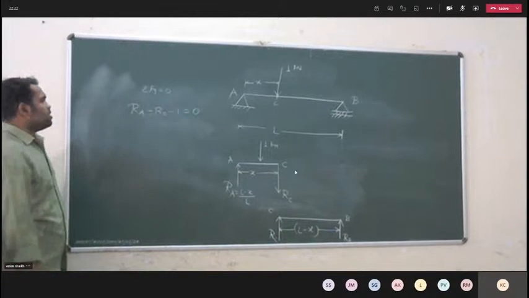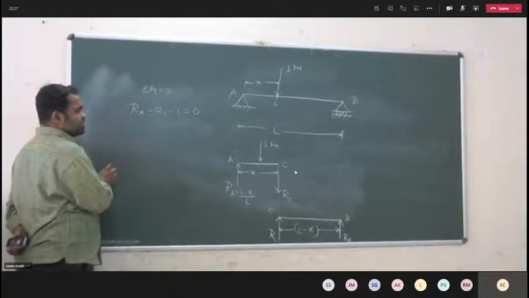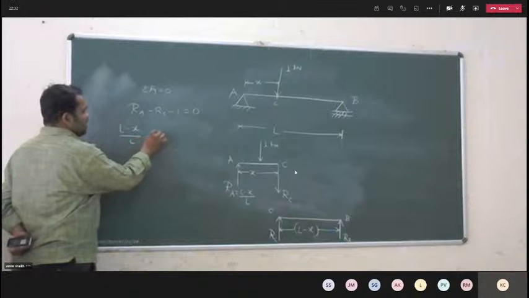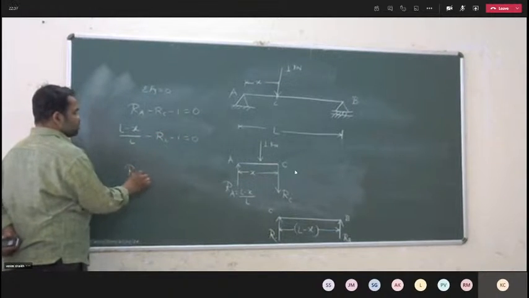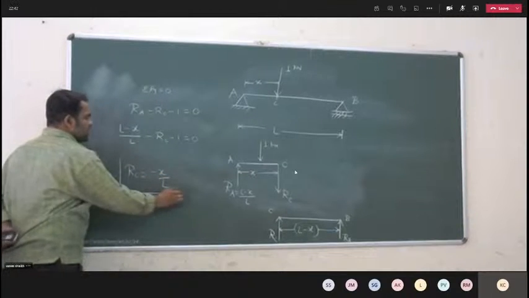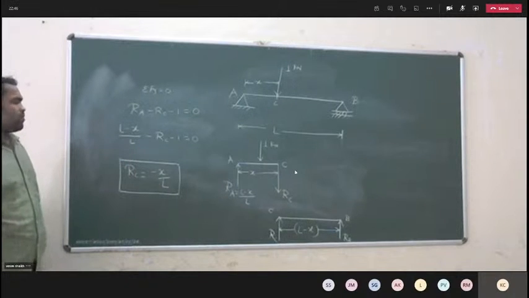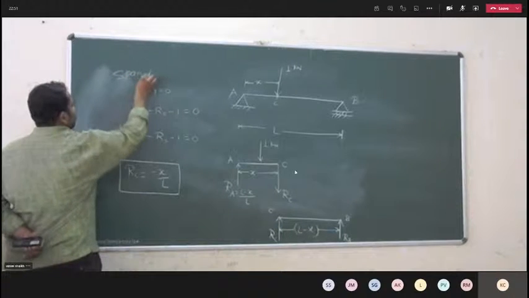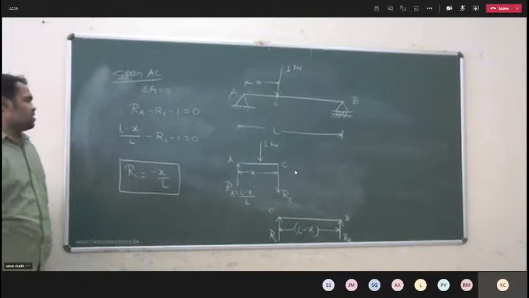All of you please write down. As the value of RA is known to you, (L minus x) by L minus RC minus 1 is equal to 0. After simplification, you get RC is equal to minus x by L. This is the value of RC for the span AC.